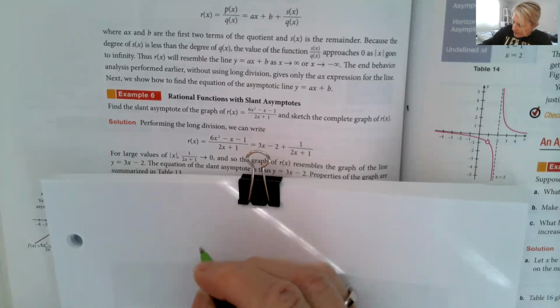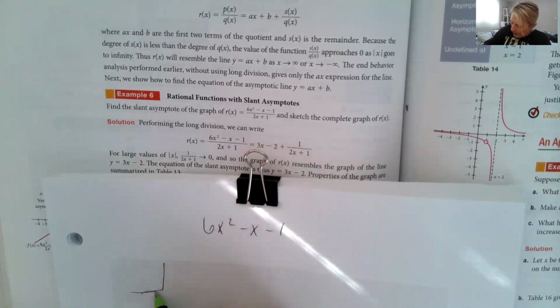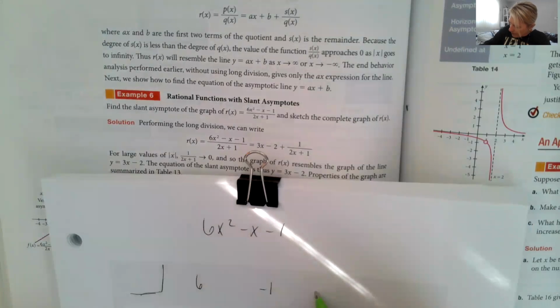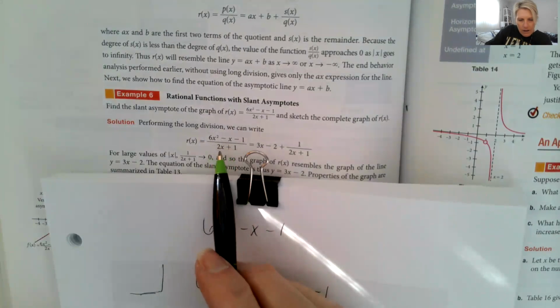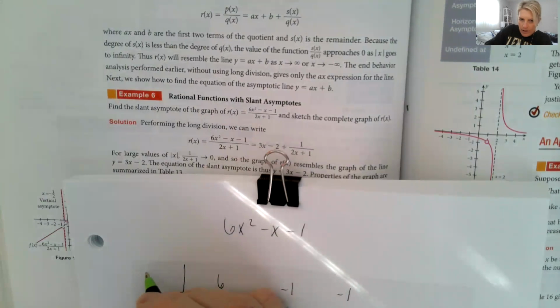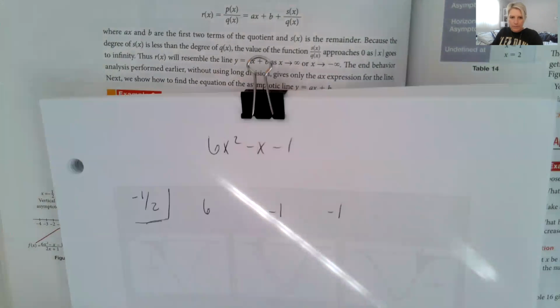So 6x squared minus x minus 1. We're going to do the synthetic division. So we've got 6 and -1 and -1, and then 2x plus 1 is really a -1/2 when we set it equal to 0 to divide.